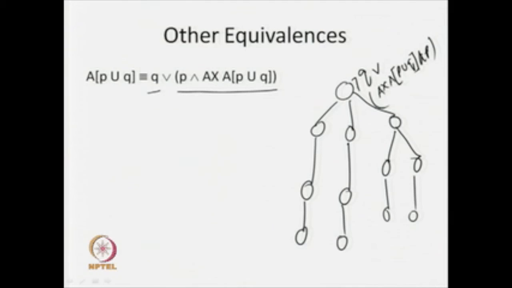But if it is not, then we look at the second part: P must be true here, and this is a conjunct, P and AX. In all next states, A P until Q must hold again. This is the way we look into it.